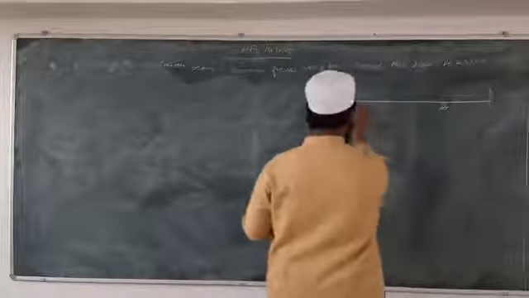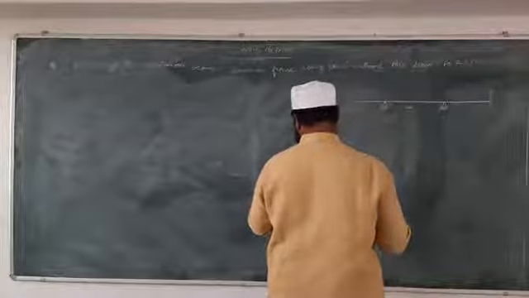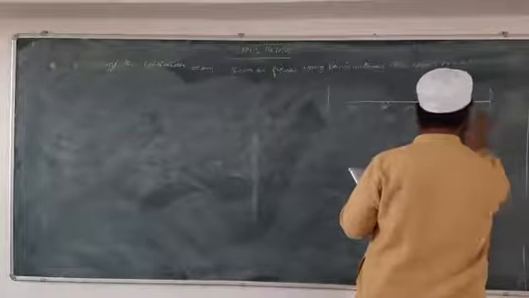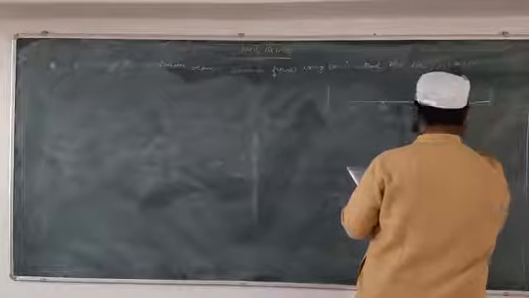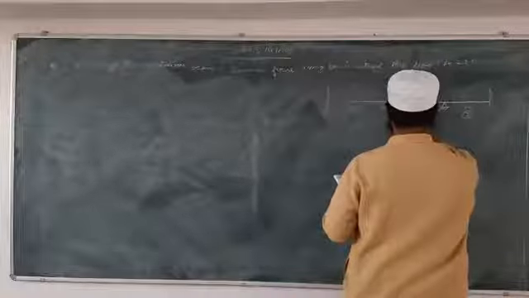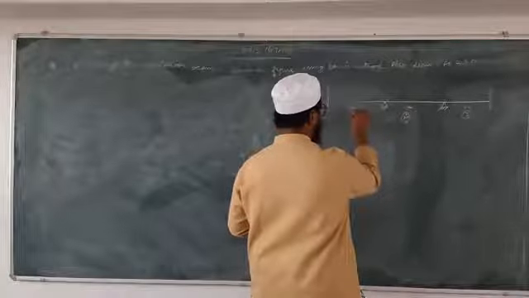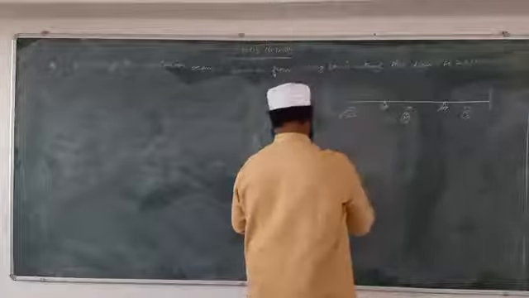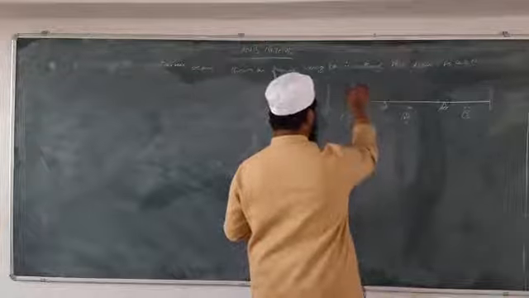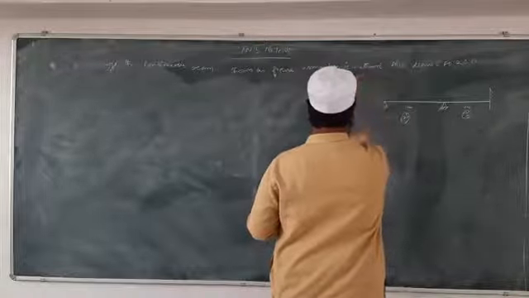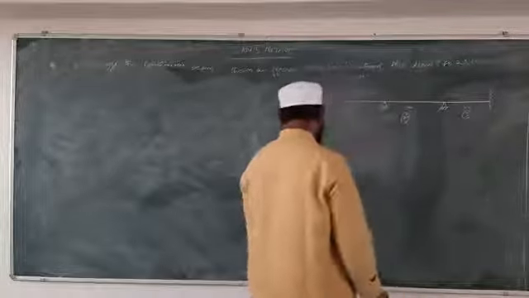Four meter, 3 meter, and this is also 4 meter. This is I, 2I and 1.5I. We have a point load of 80 kilonewton at a distance of 1 meter.